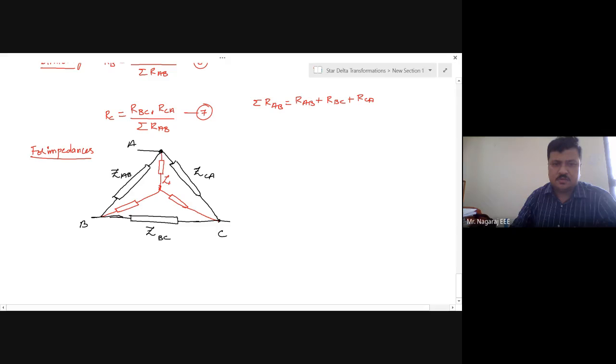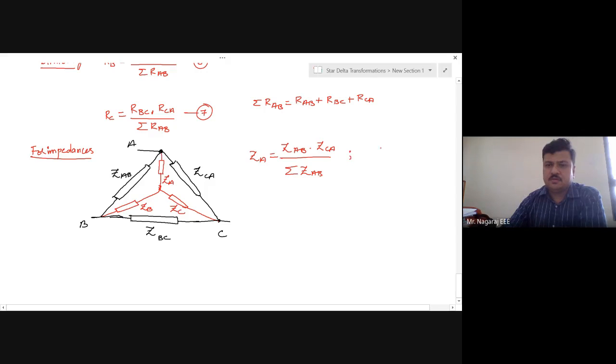this will be ZA, this will be ZB, this will be ZC. So similarly, ZA is equal to what? The two impedances connected to terminal A, ZAB and ZCA, multiply them: ZAB into ZCA divided by summation ZAB.